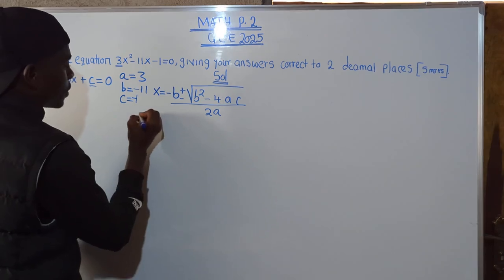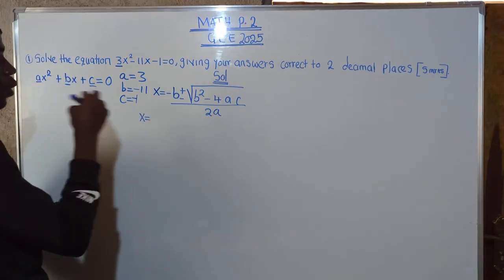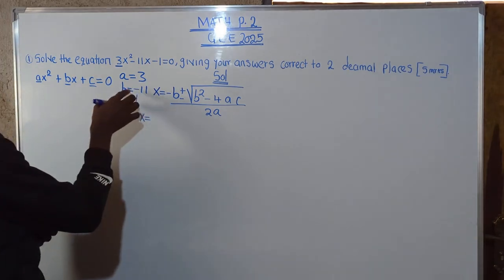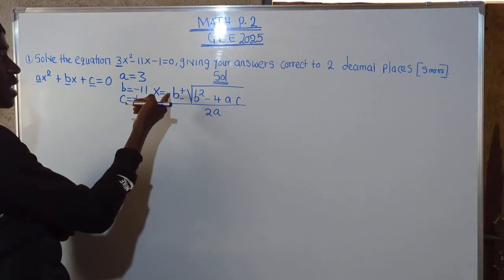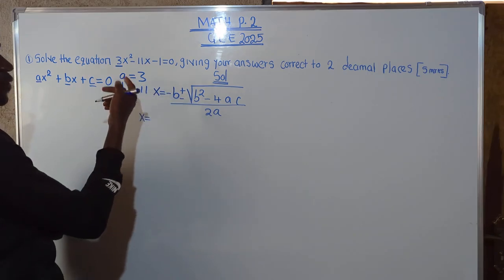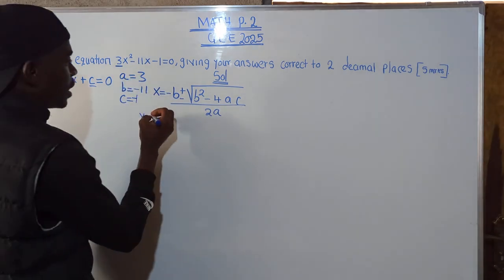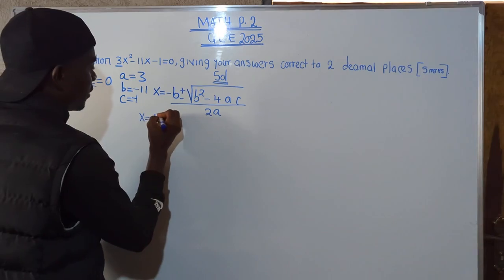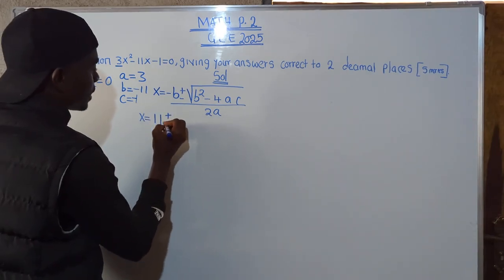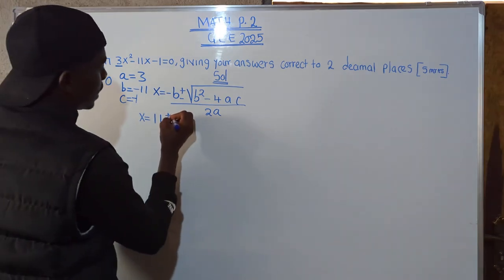We just have to fill in now. So x is going to equal to, what is negative b? Of course your b is actually negative 11. So this negative and this negative will multiply to give you a positive. So here you just write 11 plus or minus.